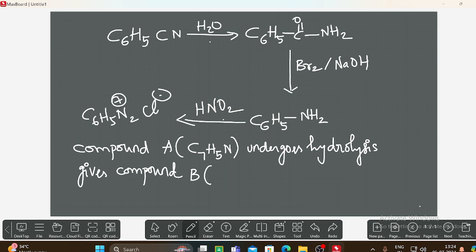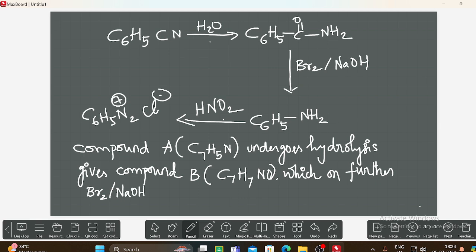Gives compound B with the formula C7H7NO, which on further reaction with Br2 bar NaOH and HNO2 gives compound C, which formula C6H7N.